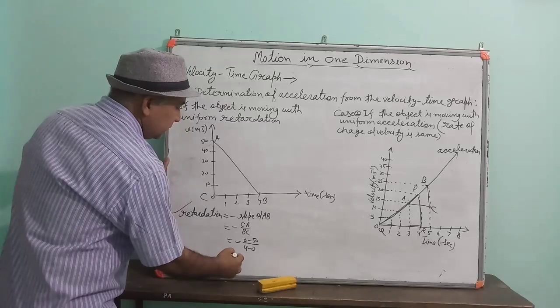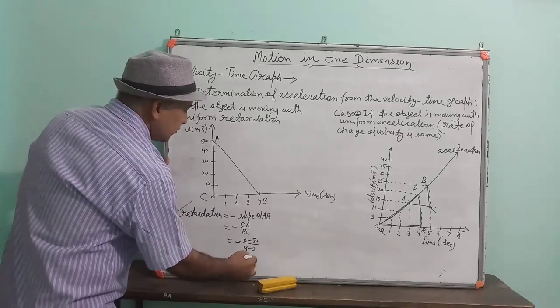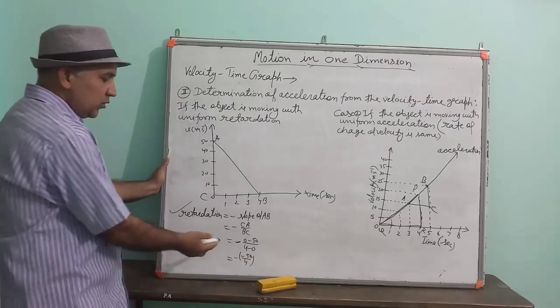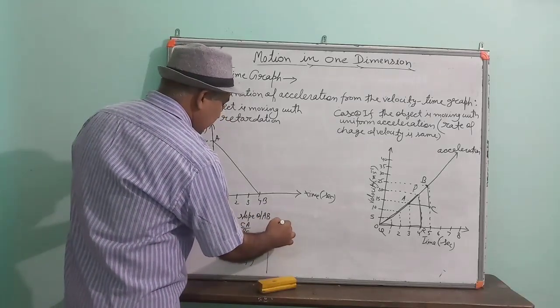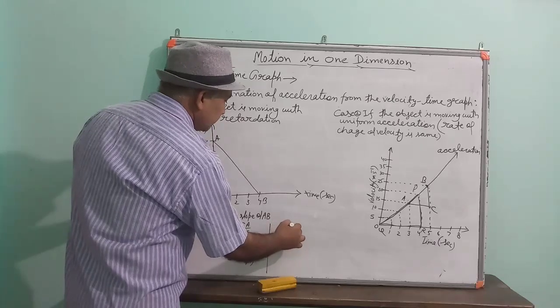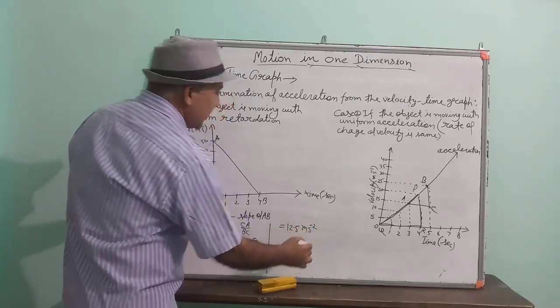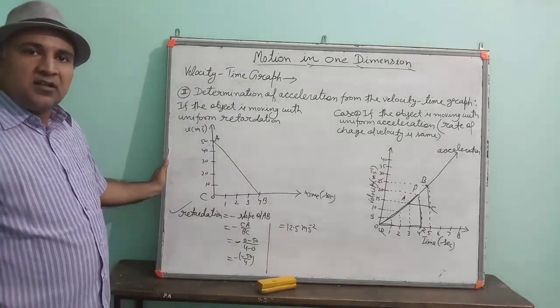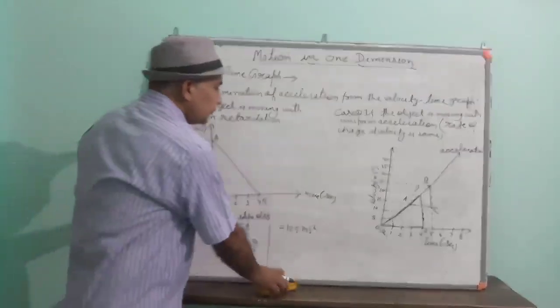So it will become negative sign of minus 50 upon 4. Minus into minus becomes plus. 50 upon 4 means 12.5. 12.5 meter per second square is the retardation. Understood?